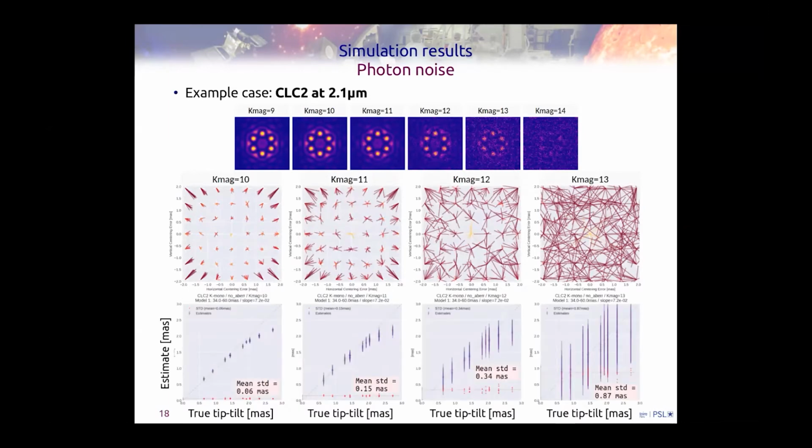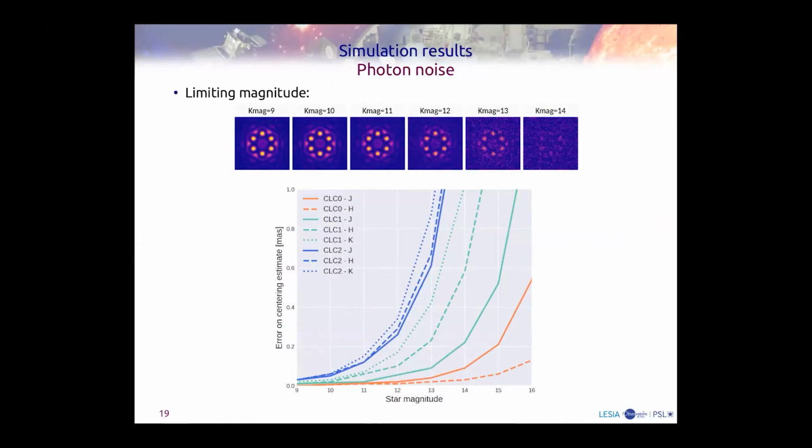In each case, you can estimate a mean error corresponding to the impact of the photon noise, which can be summarized in this plot, showing the error on the centering due to the photon noise as a function of the star magnitude. What's interesting is that the STARLOC estimate works up to a magnitude of 13 and even higher, depending on the coronagraph and the spectral band you're using.